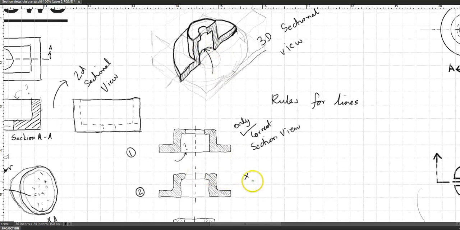Those visible lines are going to be there, or else your object looks like it's two different pieces and it's not even connected. So this line shows that it is connected. See how important those lines are. If not, then your section is going to be wrong, and someone is going to manufacture two different parts of that shape, which is crazy. So this is wrong.